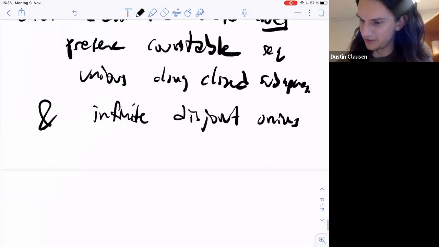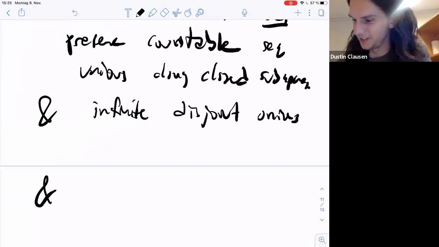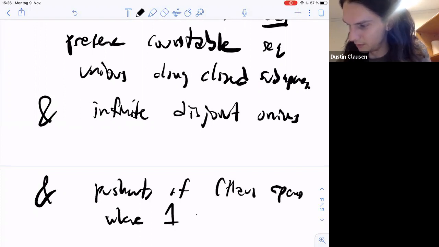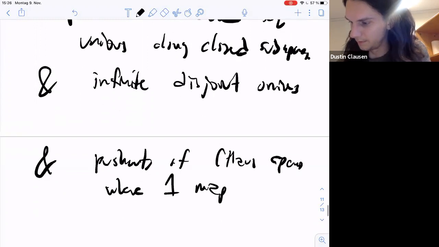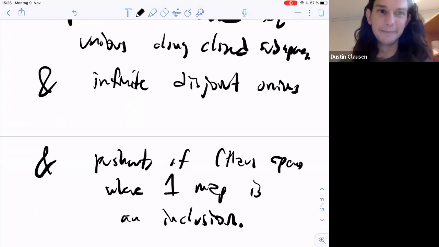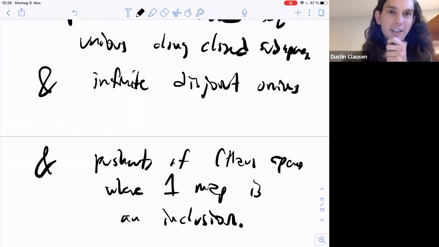And for the algebraic topologists in the audience, it also preserves push-outs of compact Hausdorff spaces where one map is an inclusion. So if you're building up your finite CW complex by attaching cells, then that push-out diagram you're used to in topological spaces is still a push-out in condensed sets.